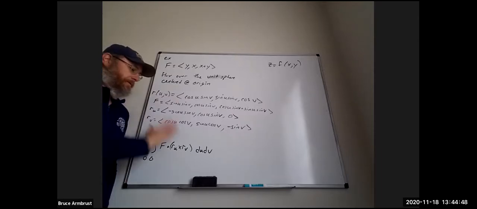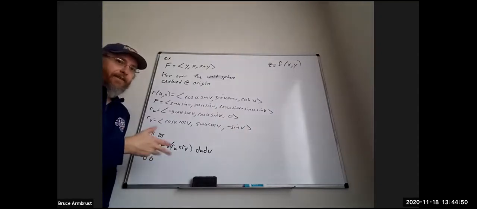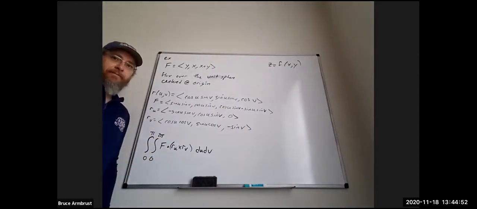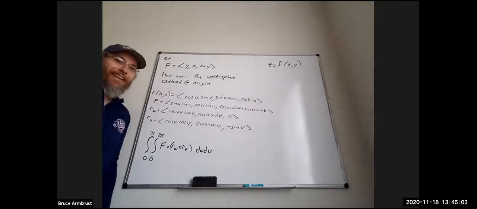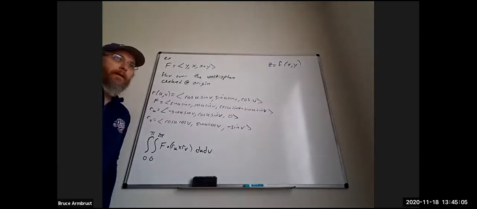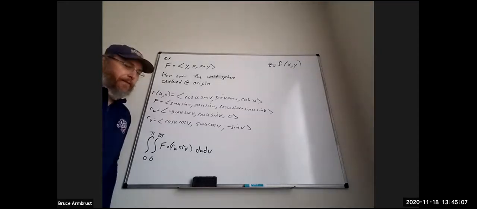All right, so we ready? Are we ready to get this dot cross thing? And I bet you're looking at that going, I don't want to, right? Finding the cross product and then dotting it's kind of a thing. But let me remind you about something that hopefully you saw at some point.